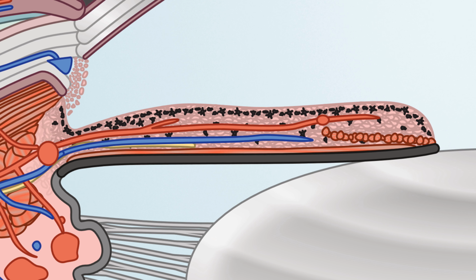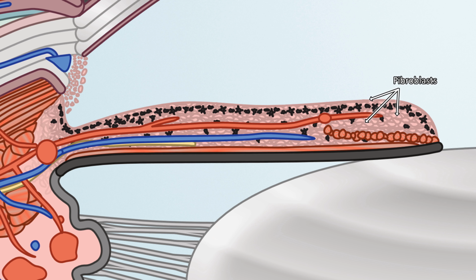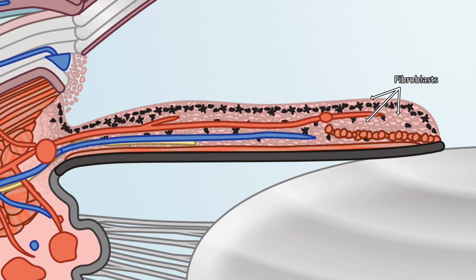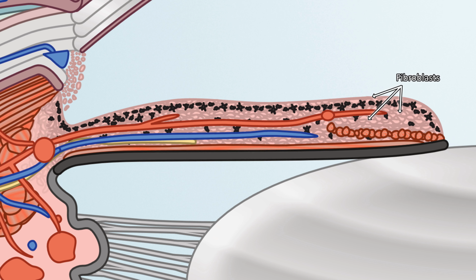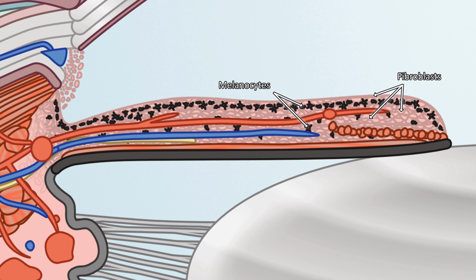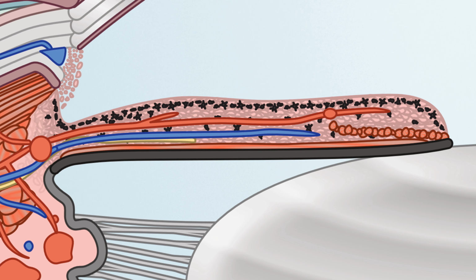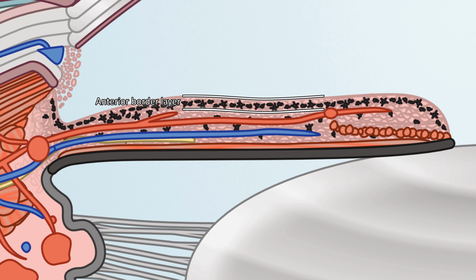Most of the bulk of the iris is made of stroma, many fibroblasts within a loosely packed collagen matrix dominated by collagen type 1. As well, at least for non-blue eyes, there are some melanocytes within the stroma. The most anterior surface of the iris is the anterior border layer. This is actually very similar to the rest of the stroma.